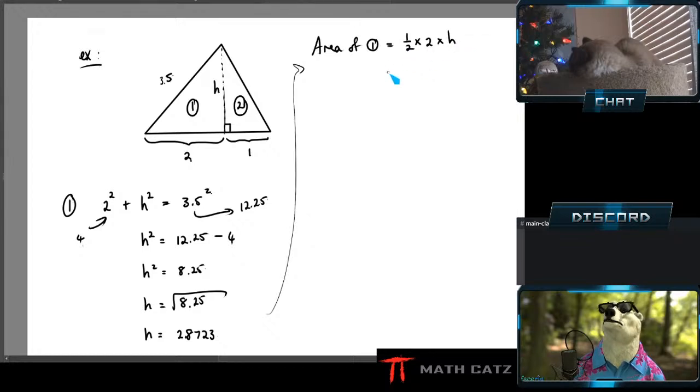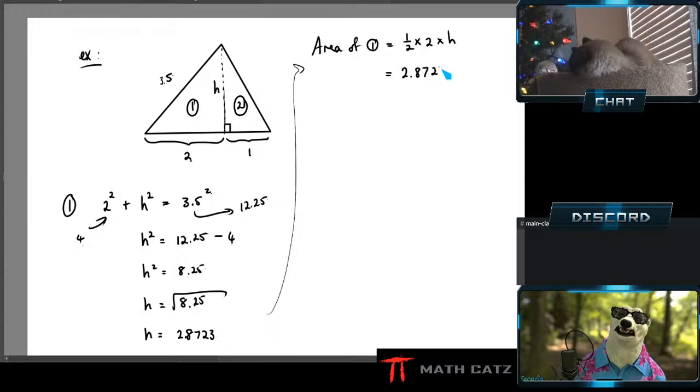And when I do this calculation, I'll use the most accurate version of h that I have. Actually, it's not even necessary, right? The half and the 2 cancel, and I just get h. So that was nice. I'm always happy for little conveniences like that.